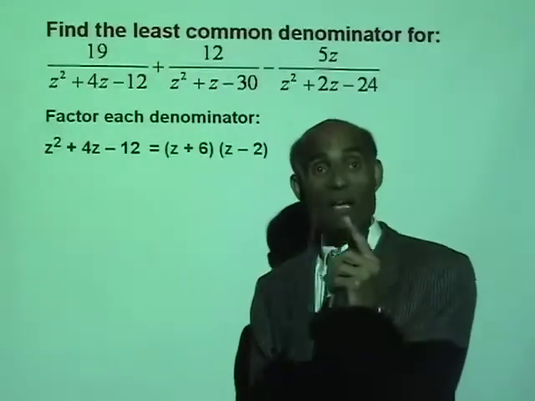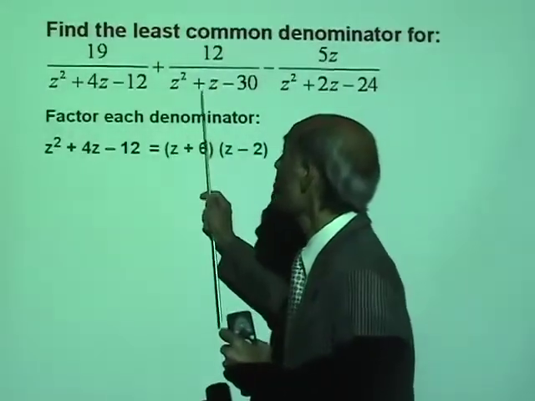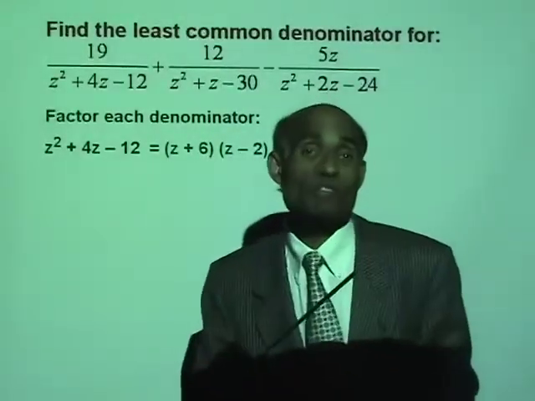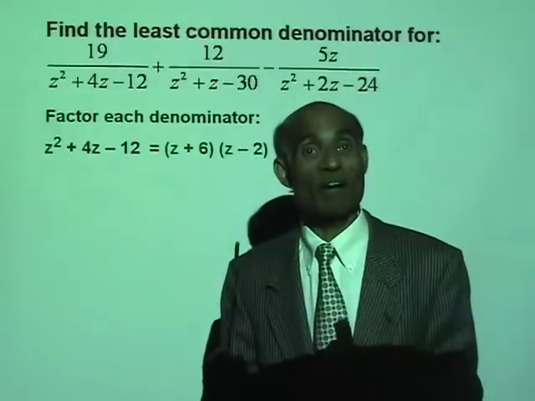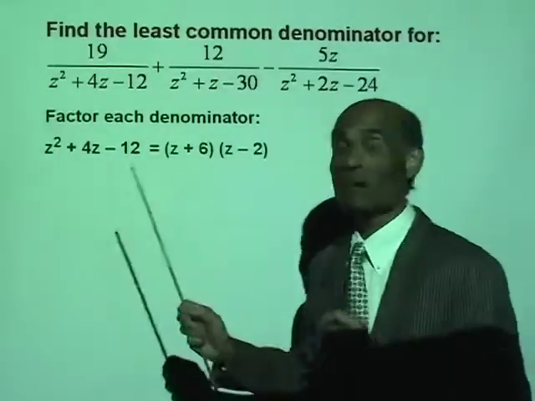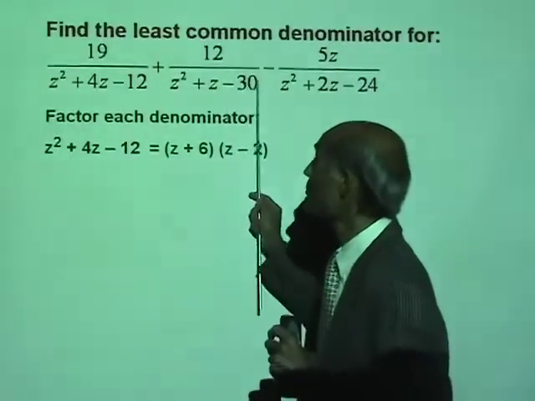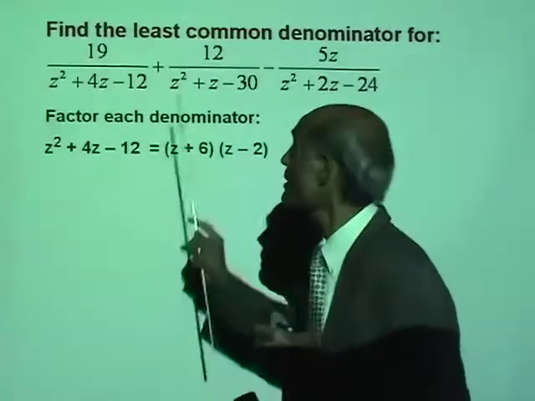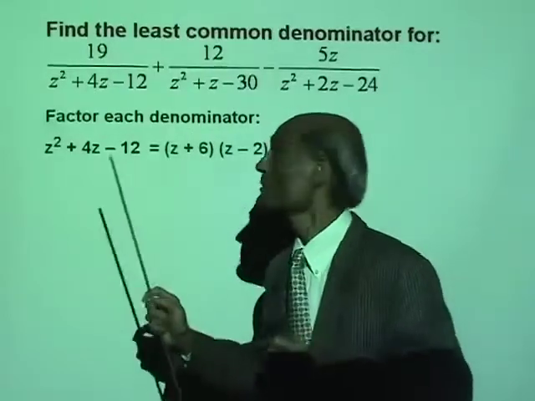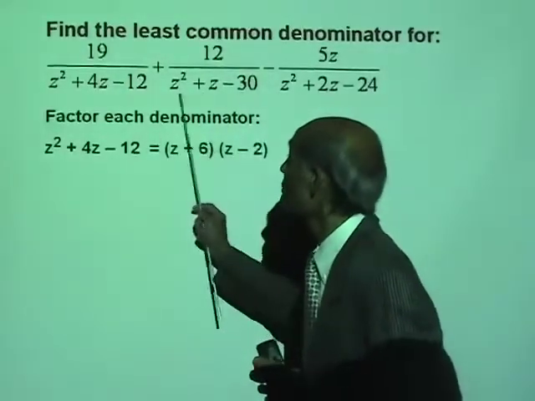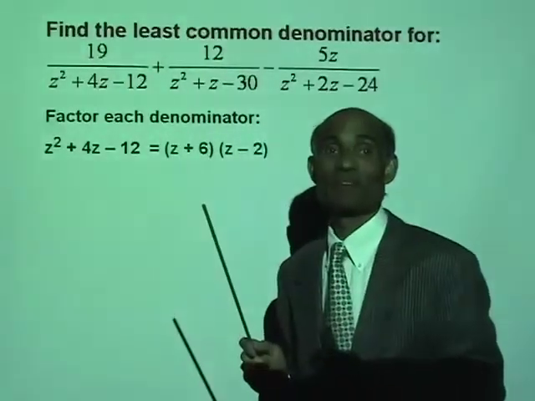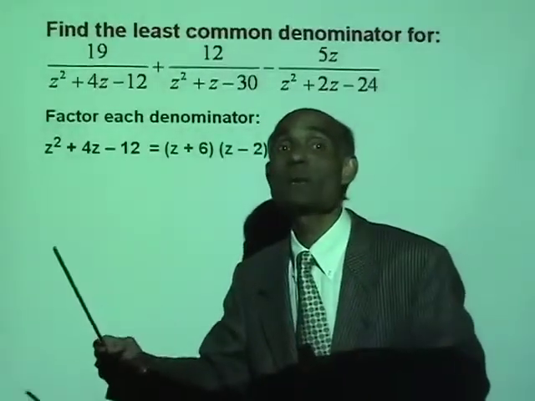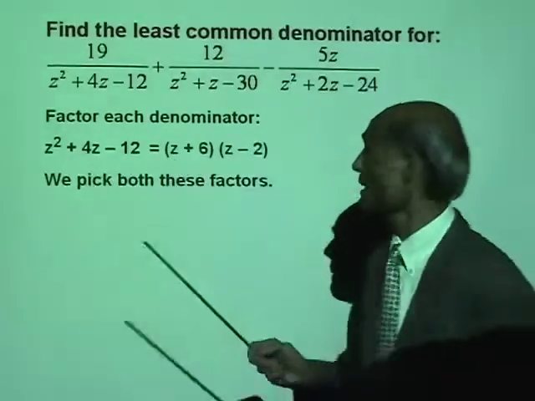And when added, you must get positive 1. Those numbers are positive 6 and negative 5. Positive 6 times negative 5 is negative 30, and positive 6 added to negative 5 is positive 1. So the factors of this denominator are z plus 6 times z minus 5.